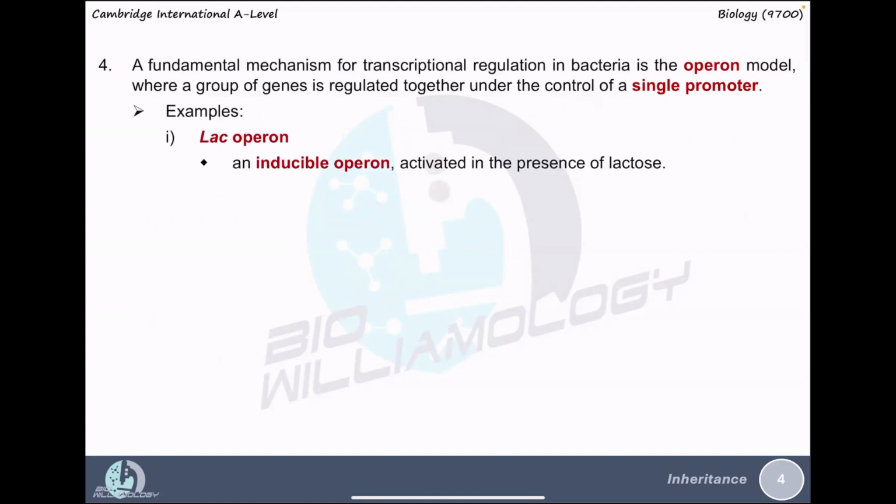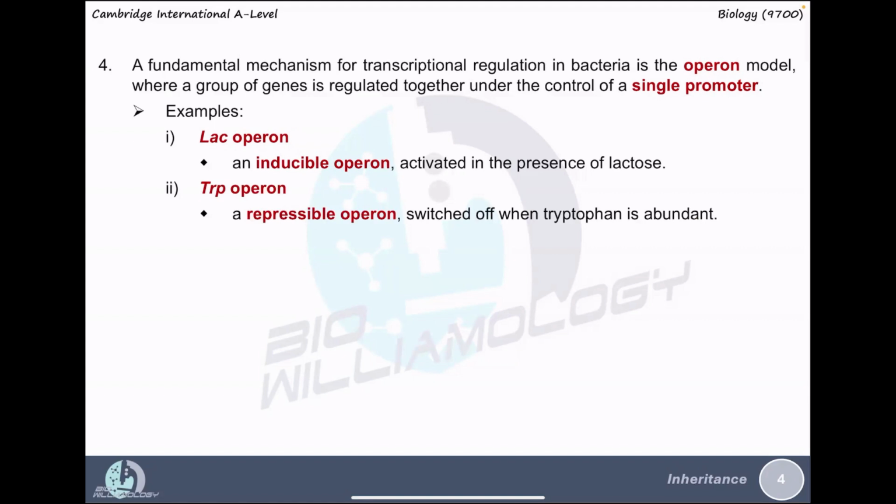One of the examples that we are going to use to study how these genes can be switched on and switched off is the lac operon. Lac operon is an inducible operon which is activated in the presence of lactose. So generally, when lactose is absent, this lac operon is deactivated.